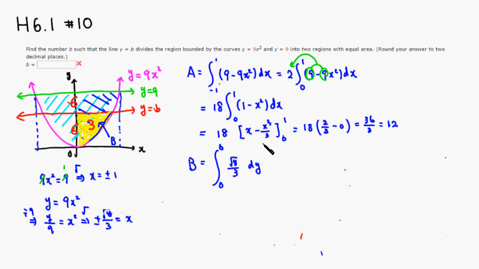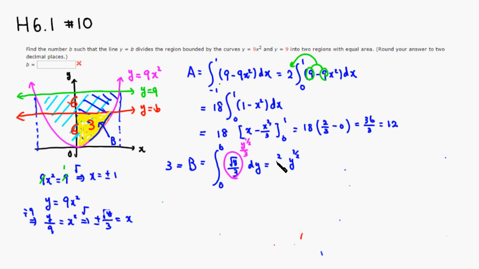We want this region to be 3, so we set that equal to 3. We need to evaluate this. It can be written as y to the 1/2 power over 3. Add 1 to the power, so it's 3/2, and then divide by 3/2, which is multiplying by 2/3.